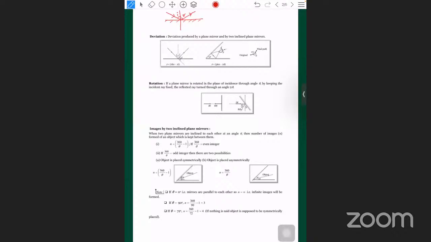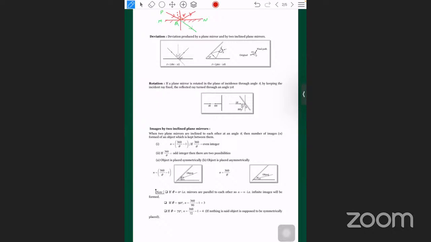Now, suppose the mirror Mn is not there. How would the ray PQ travel? Straight, sir. Very good, it travels straight.